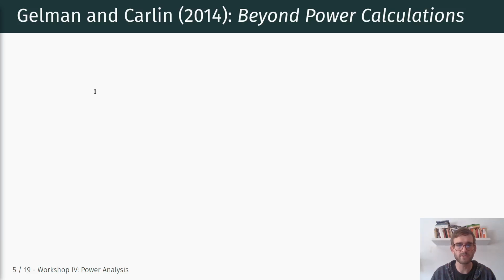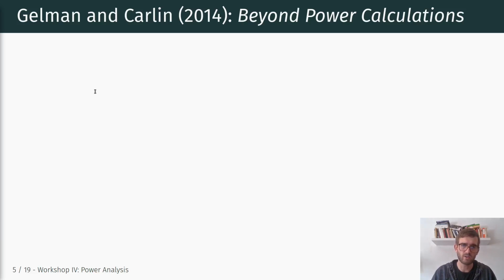And it also emphasizes one thing that even the Cohen papers mention, but it's not clearly outlined: how exactly you incorporate external information to derive your assumed effect sizes, right?